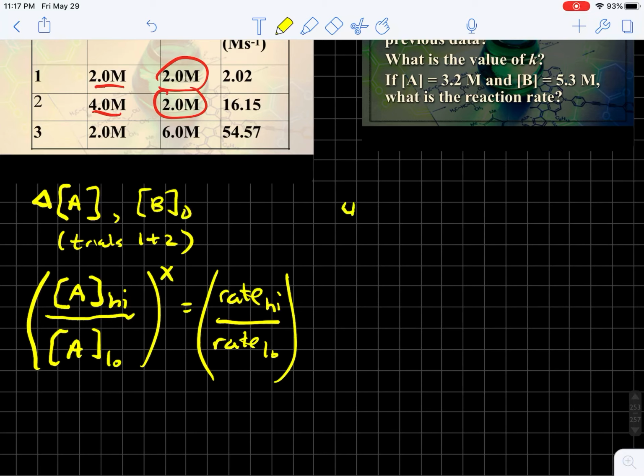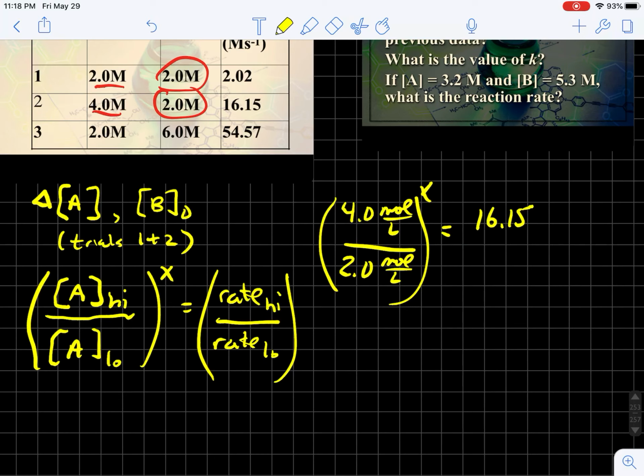So when I do that, I get 4.0 moles per liter. I like to write the units out. 2.0 moles per liter for the lower concentration, raised to the power of x. Our rates are high rate, 16.15 moles per liter seconds, over 2.02 moles per liter seconds.